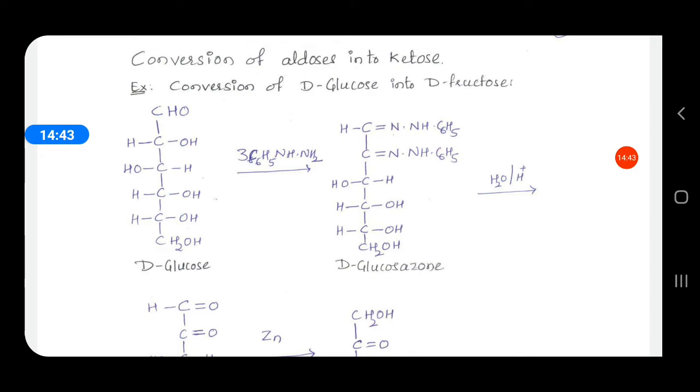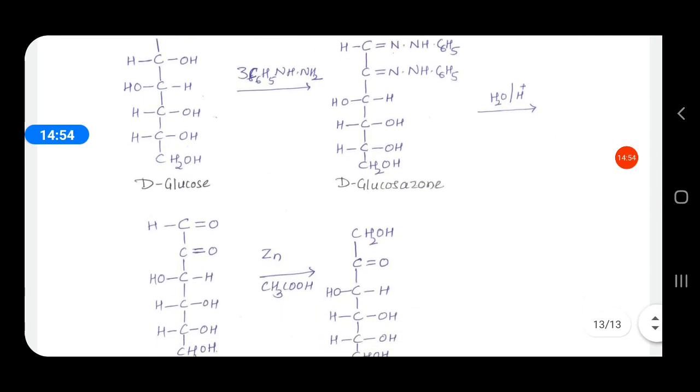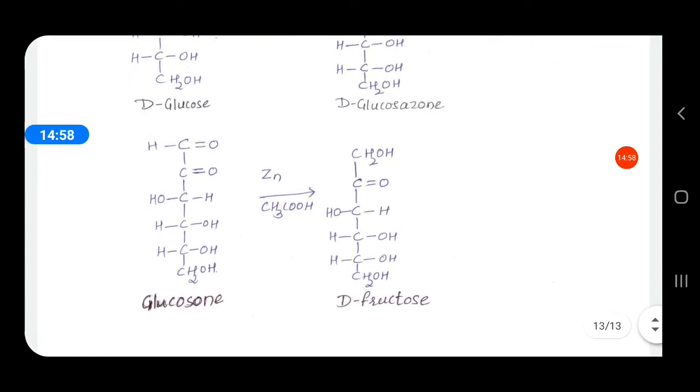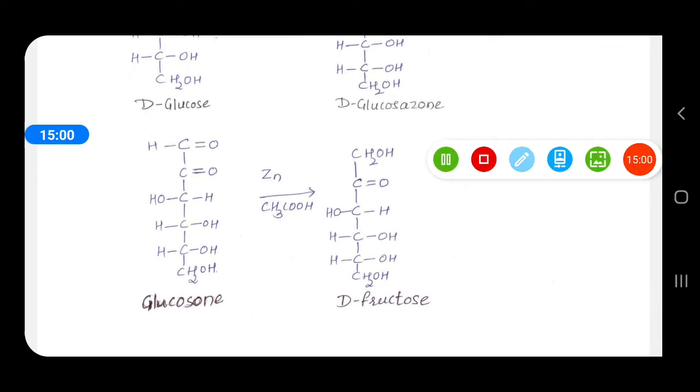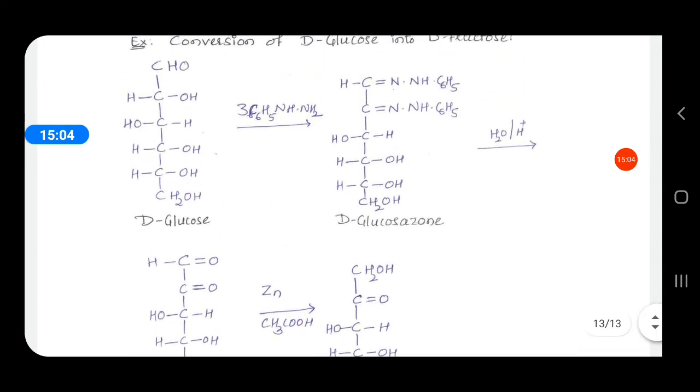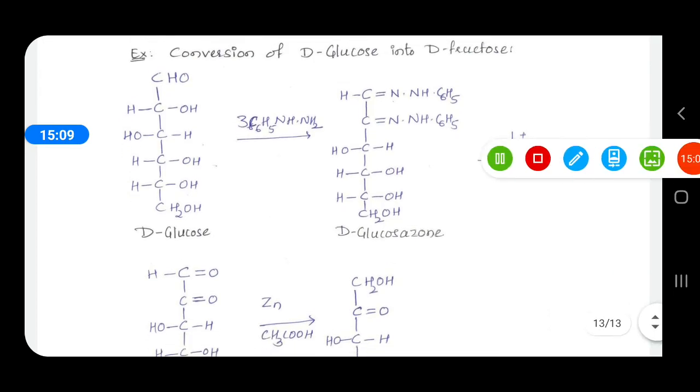So here when glucose is treated with excess of phenylhydrazine, it forms glucosazone. This glucosazone on acid hydrolysis gives glucosone. So here both the C double bond N groups are hydrolyzed.